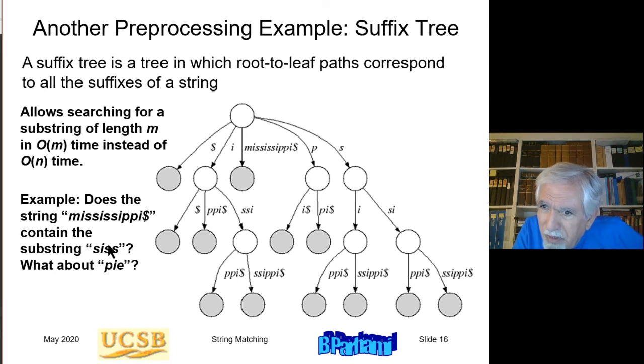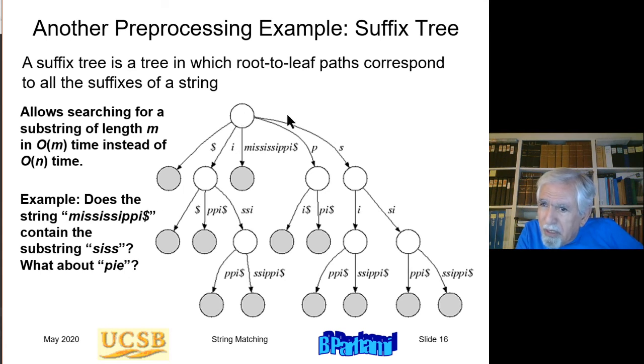That string starts with S, so I look for a suffix that begins with S. Then it continues with I. Then with two S's. So this one has two S's, and therefore that particular string exists. It's part of the suffix SISSIPPI dollar.